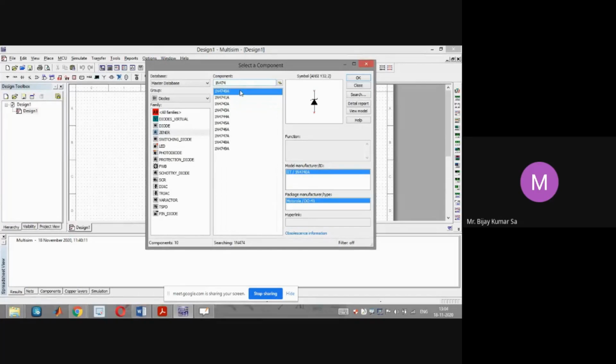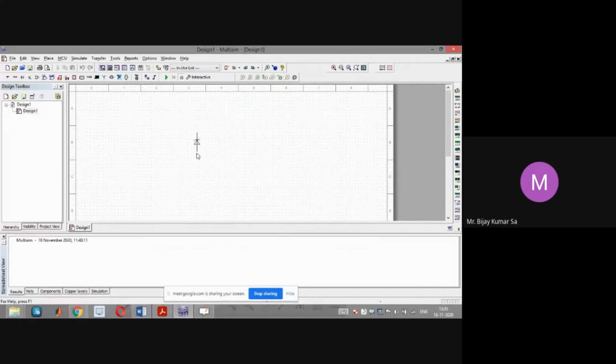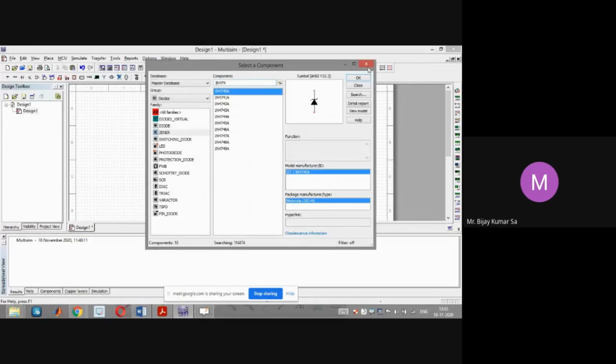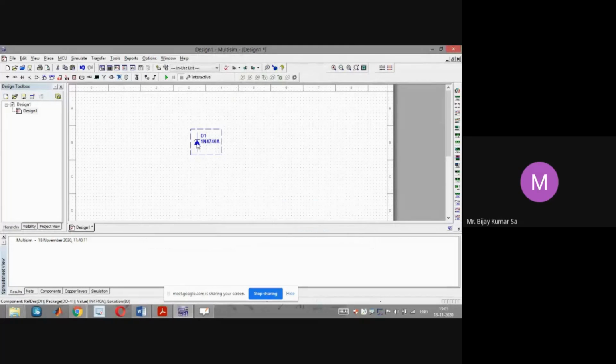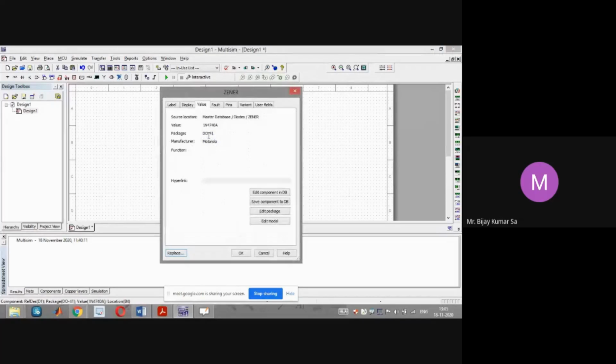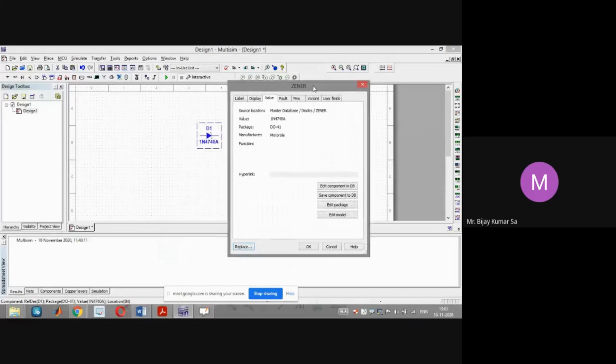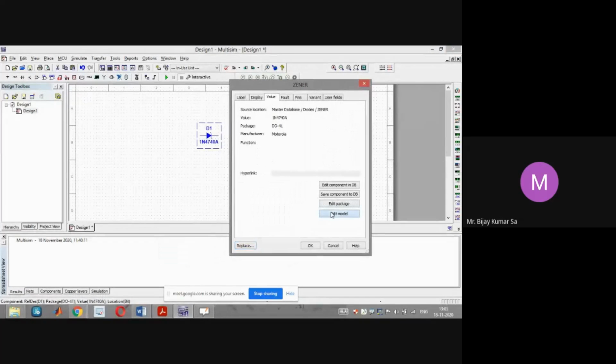Yes, I have got this diode in my library. So I have got it on my virtual breadboard. If you want to know more about this zener diode, I can go to edit model.